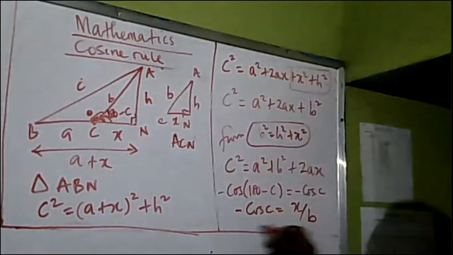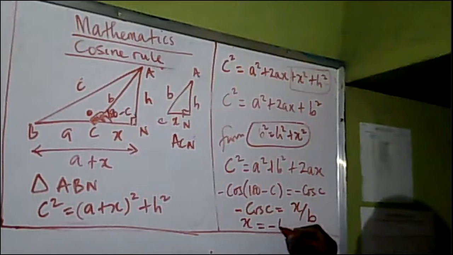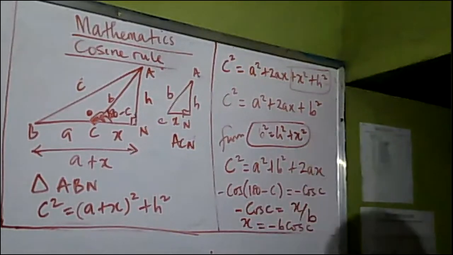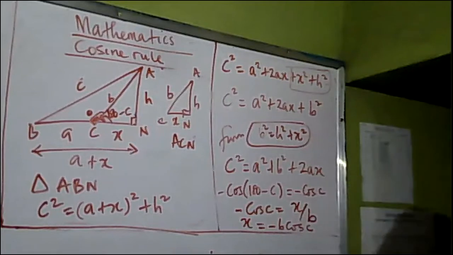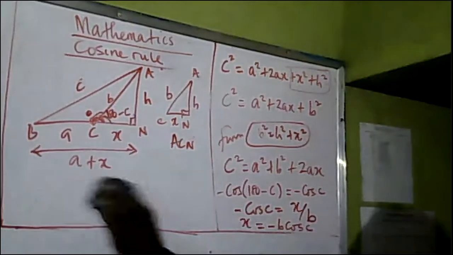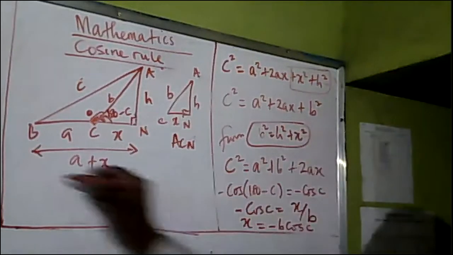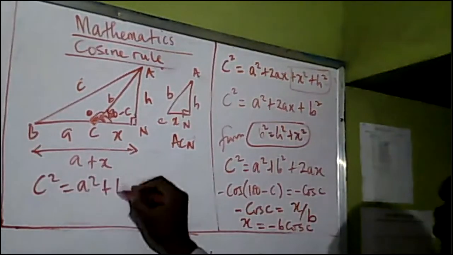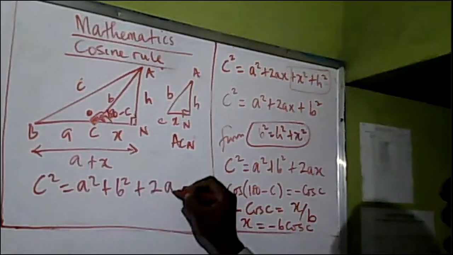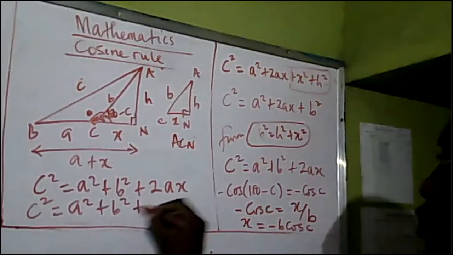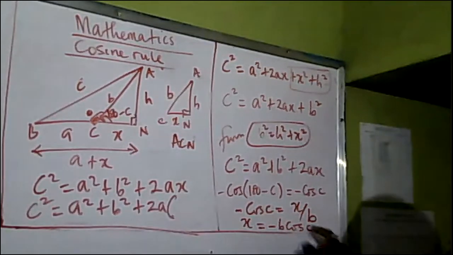So if you make X the subject of the formula, that will give us minus B cos C. So what do you replace here? Replacing this, from this place, C square is equal to A square plus B square plus 2AX. So that becomes C square is equal to A square plus B square plus 2A into minus B cos C.